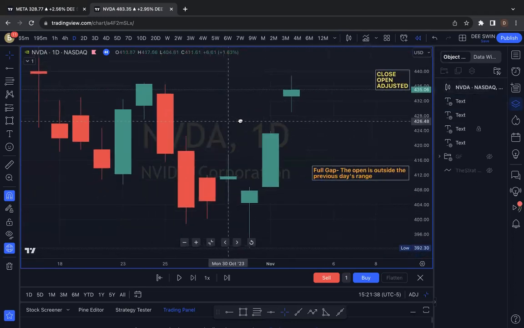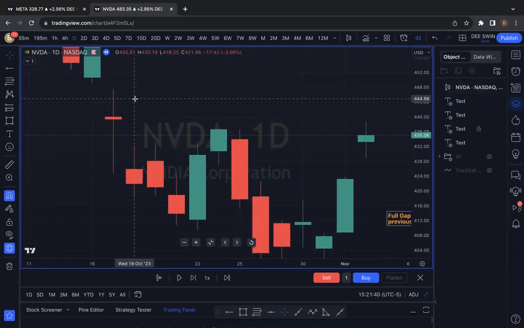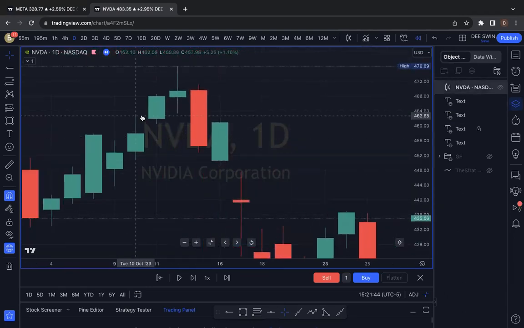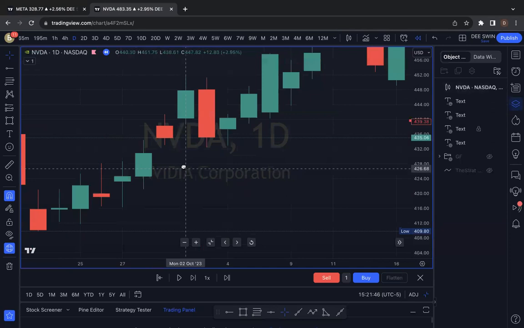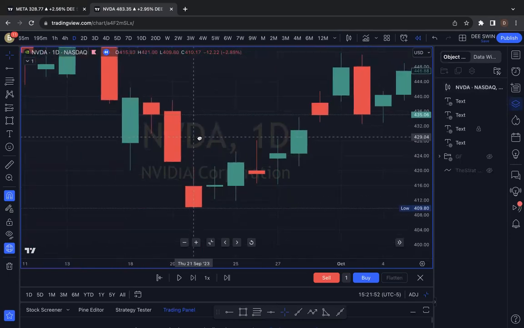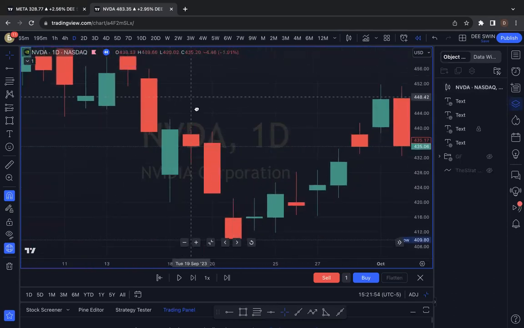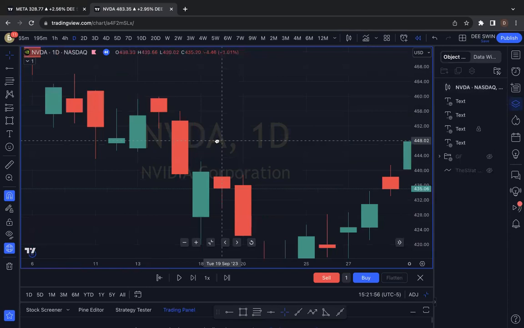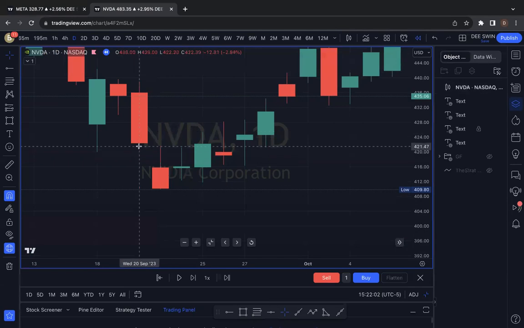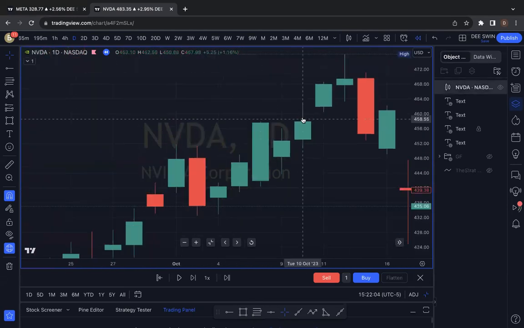An example of a partial gap would be, let's see if we can find one. Yeah, this, where did I just see one? Not that one.